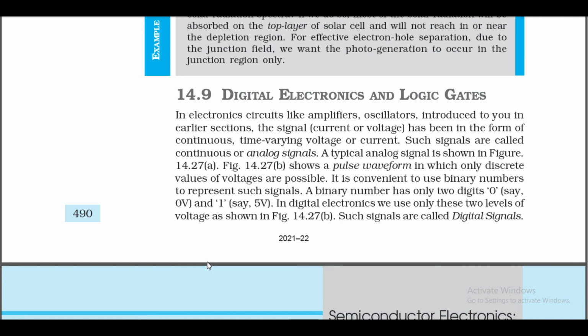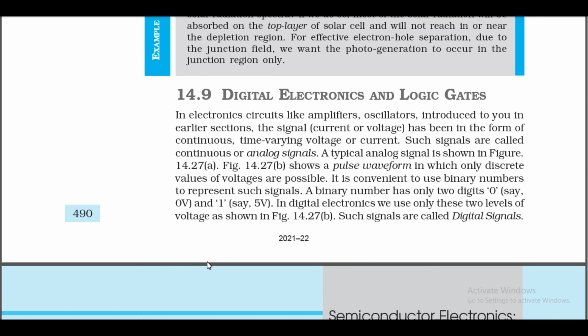Figure 14.27b shows a pulse waveform in which only discrete values of voltages are possible. It is convenient to use binary numbers to represent such signals. A binary number has only two digits, 0, say 0 volts, and 1, say 5 volts.